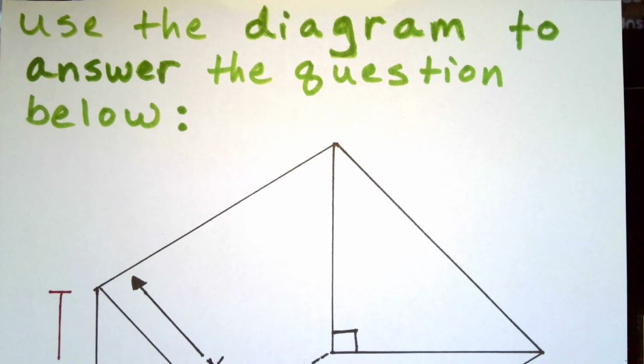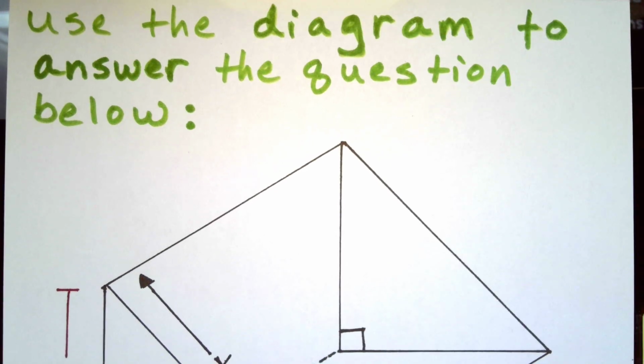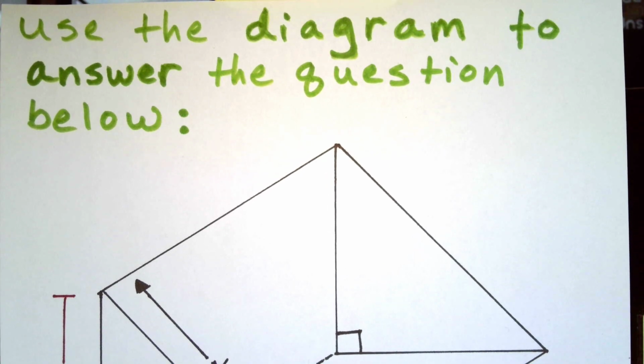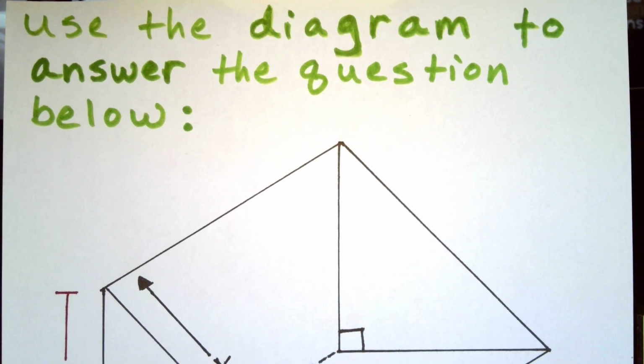So this is the third question using the diagram below, which I have shown you a video on finding the area of the base of the triangular prism.